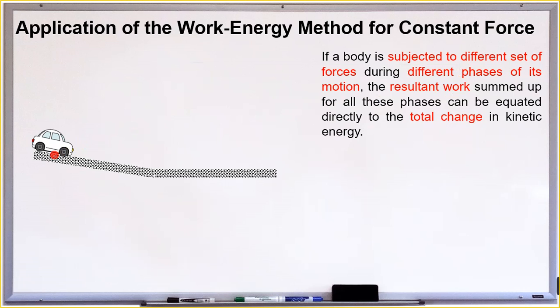So it has different sets of forces. And what is meant by different phases of its motion? It means it undergoes several motions, or its velocity or acceleration changes. Let's explore that. At this position, which is the initial position, labeled as 0, we assume an initial velocity, so it is moving. Then it travels through a displacement S1 and reaches the transition from incline to horizontal.